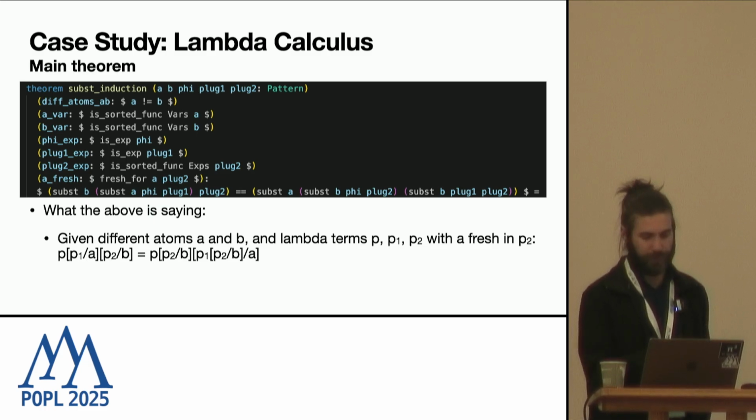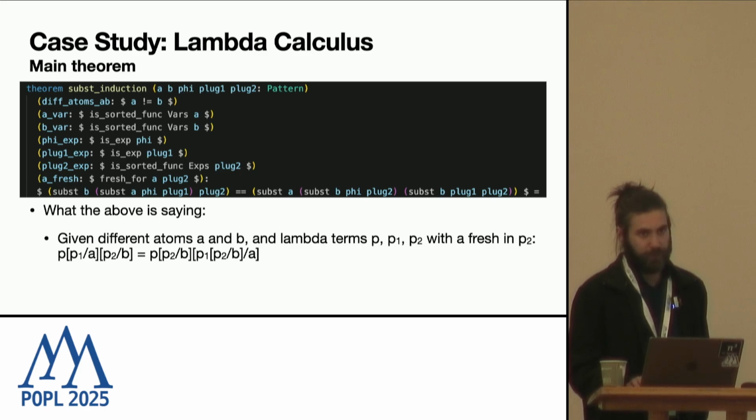It's just pushing a substitution in through another substitution. And this was entirely proved out of the axioms of matching logic and the axiom that we saw earlier with a mu, with a least fixed point binder.